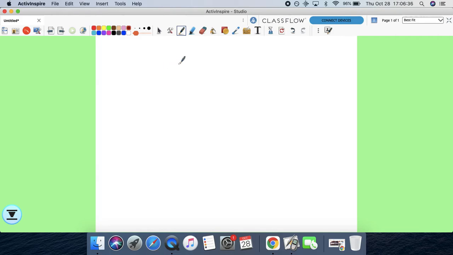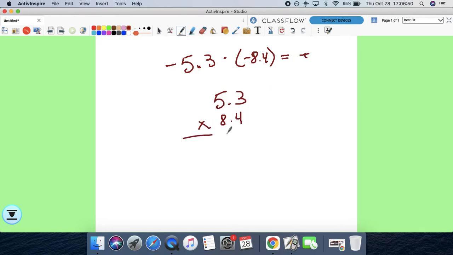19, negative 5.3 times negative 8.4. So it's a negative times a negative. So our answer is positive. Now we get to multiply. 5.3 times 8.4. 1 decimal place. This has 1 decimal place. So our answer has how many?